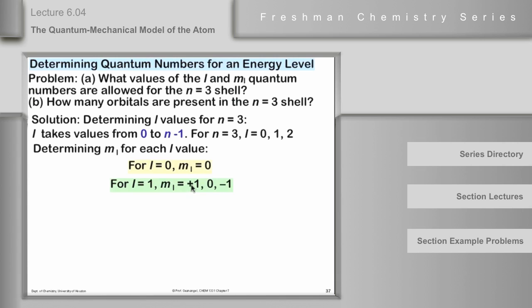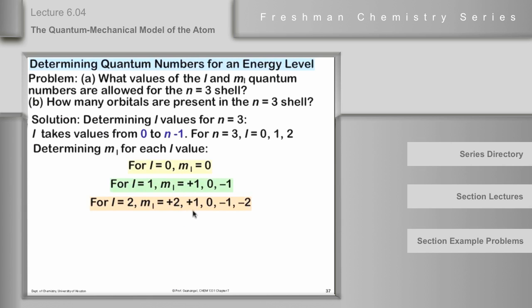So this is +1, 0, and -1 in whatever order you want to write them down. For L equals 2, which is the largest value L can have, m sub L has 2L plus 1, and 2 times 2 plus 1 is 5 values: +2, +1, 0, -1, -2, or in the reverse order, if you please.